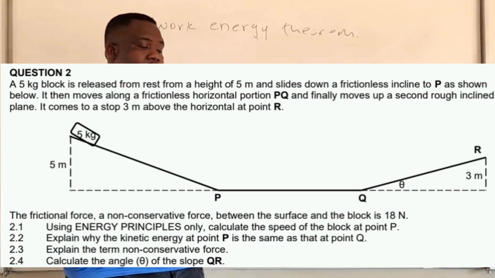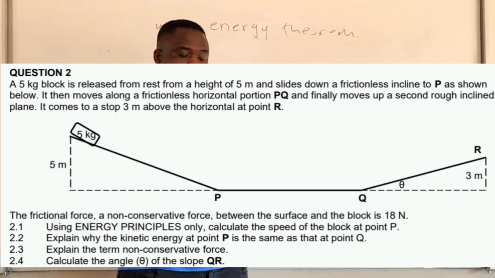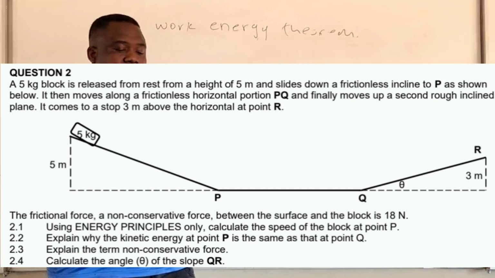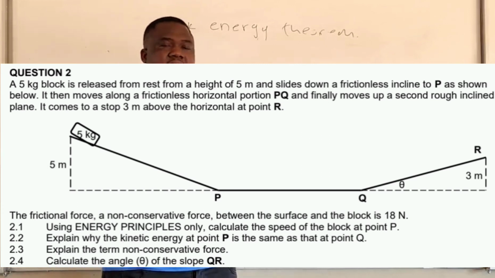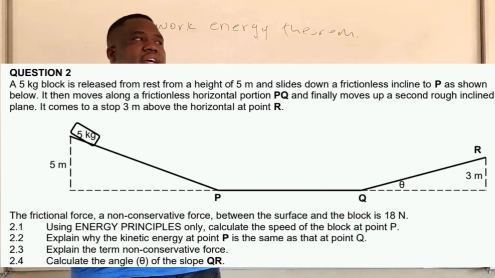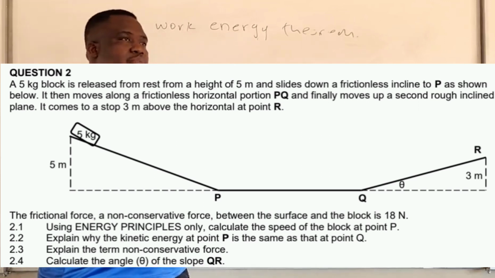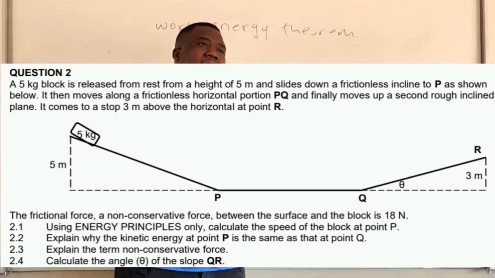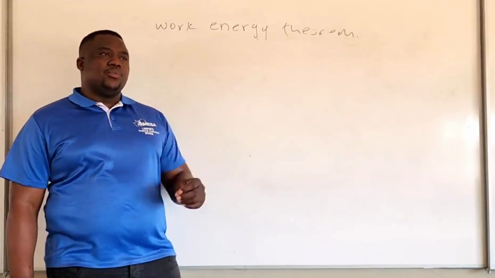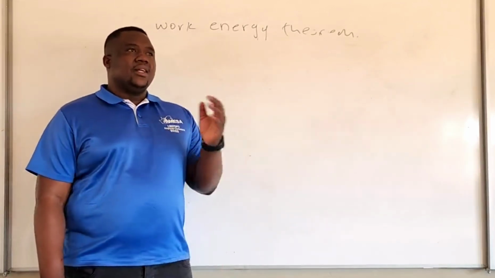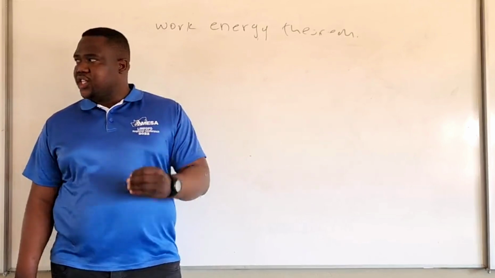And we know that from the starting point to point P until point Q, there is no friction. How do we know? It's because they say a smooth surface. I already told you that a smooth surface means that there is no friction.